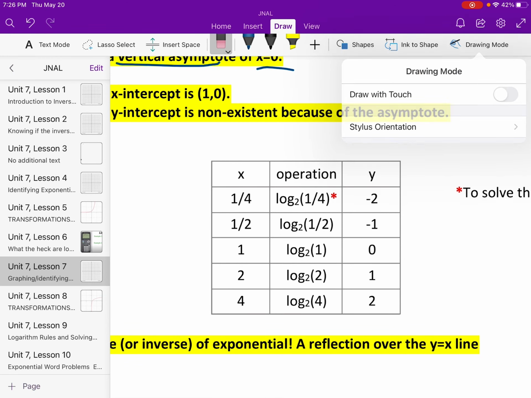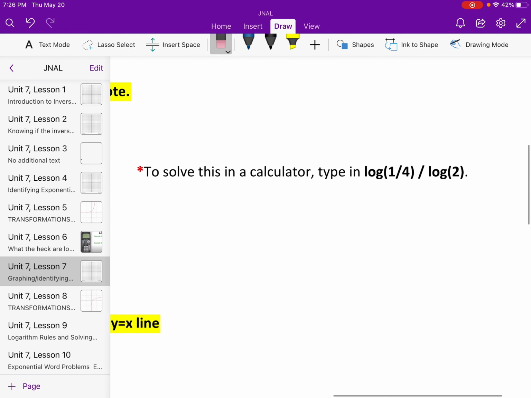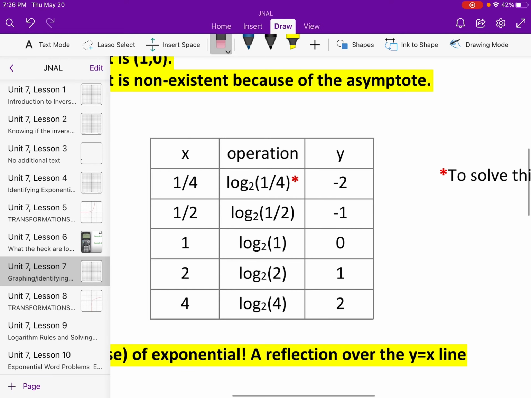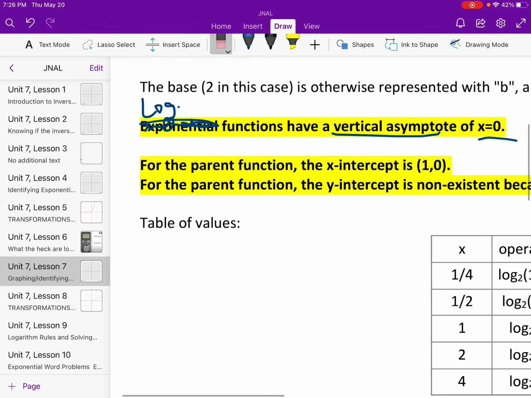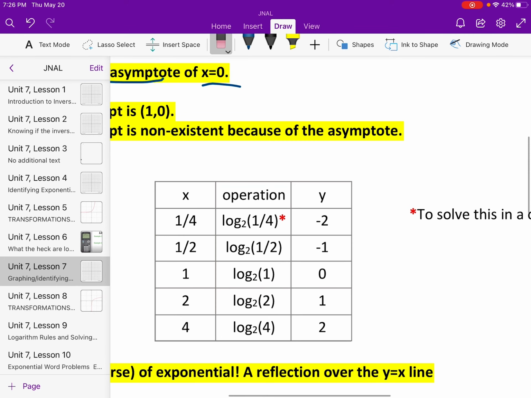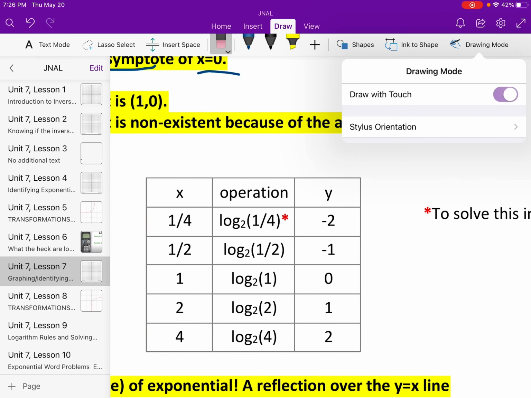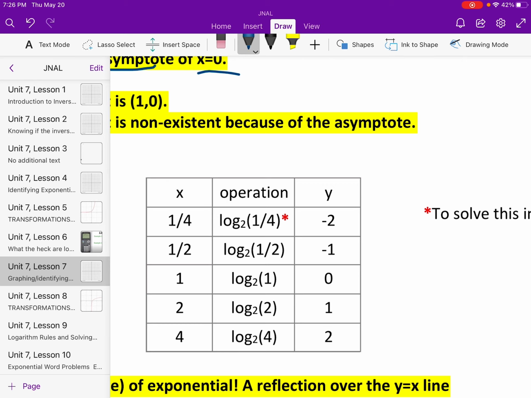Now, I have this asterisk. To solve in the calculator, you cannot solve like that, because when you're asked to find, let's say, if x is 5, what is y for this parent function? The ideal function that we're going to do, if we're trying to figure out what y would be if x is 5, would be this.